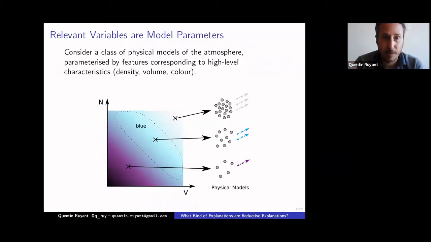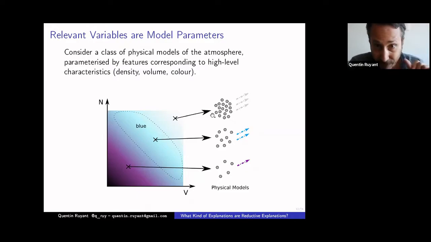To make the point maybe more clear, we can consider a class of physical models of the atmosphere parameterized by features corresponding to high-level characteristics. So here we have a graph of possible models. Each point in this graph corresponds to a low-level model that describes a specific causal history, a specific causal structure of the atmosphere.